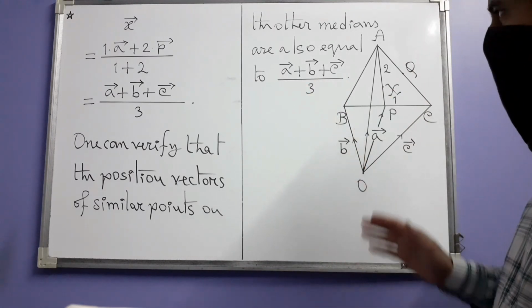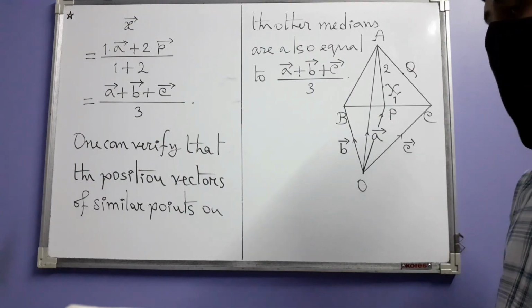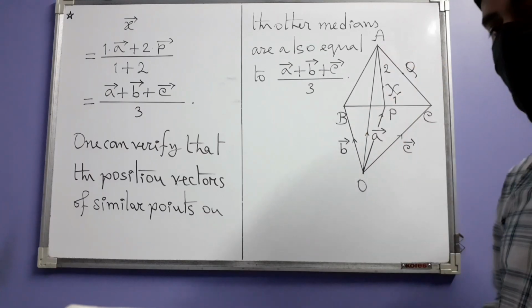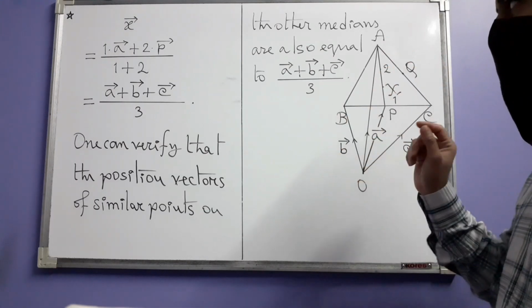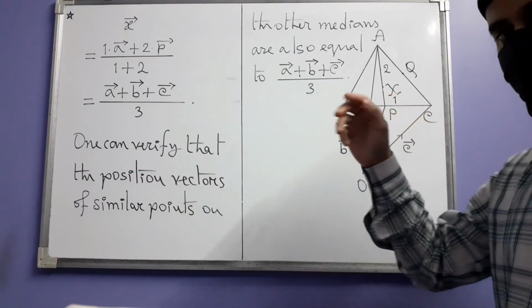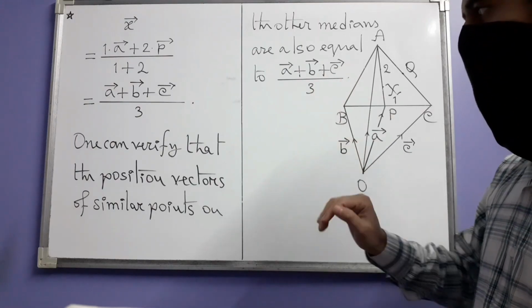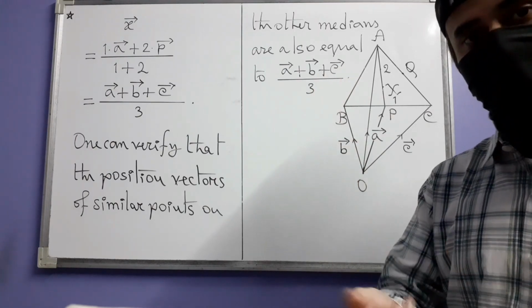And similarly for the remaining median, the third median. What does that mean? It just means that all these three medians would then have to pass through a single point. Actually, these points that we are talking about, x and the other ones, say y, turn out to have the same position vector relative to a fixed origin. So they have to be the same point.